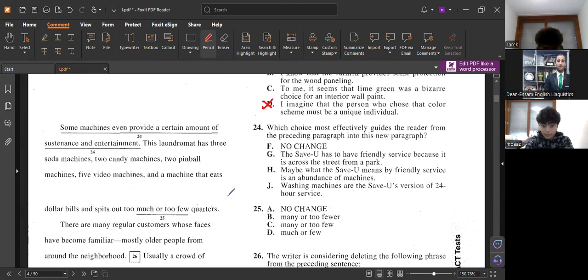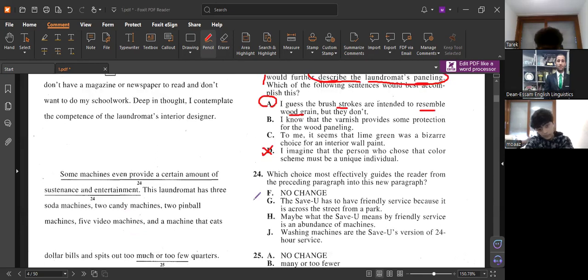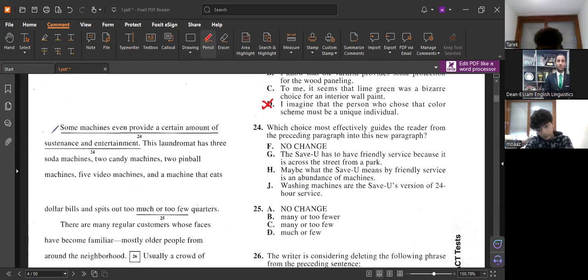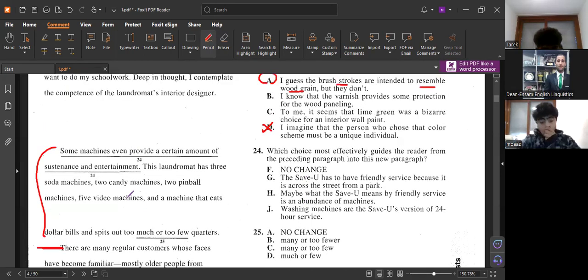24, for no change. 24, no change. Wrong. Let's try again. It says here to guide the reader from the preceding paragraph into the new paragraph. It means read your paragraph. And remember, it stops here. New paragraph. So what is the main idea? Let's try again.